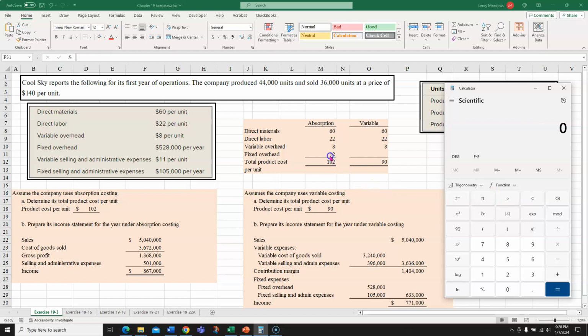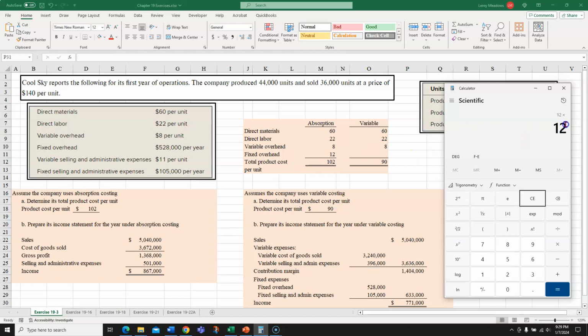If I go back and figure my $12 of fixed overhead times the number of units still in inventory, remember, we produce units and they're either sold or not sold. If sold, they're expensed off as cost of goods sold. The remaining units that were not sold are in inventory.